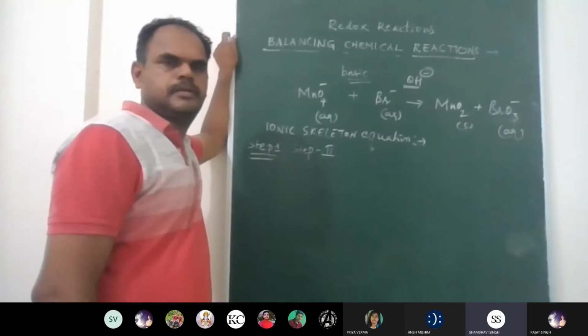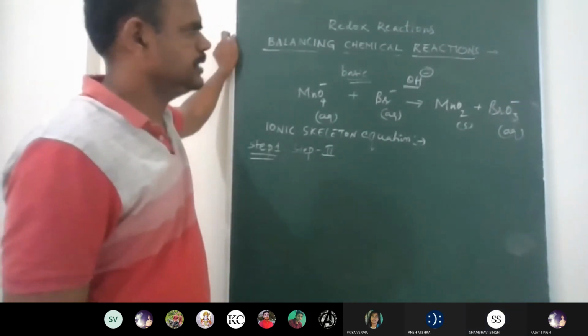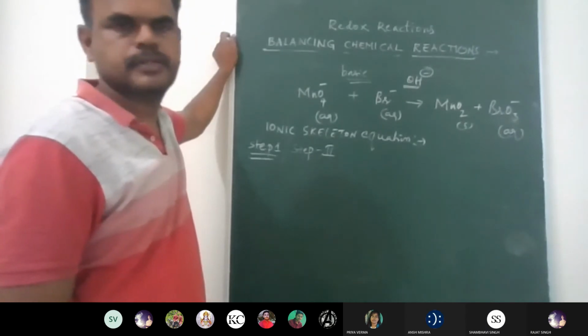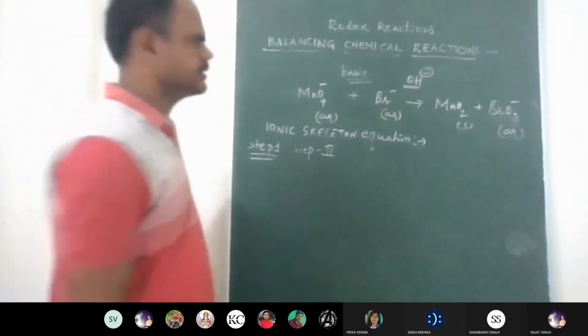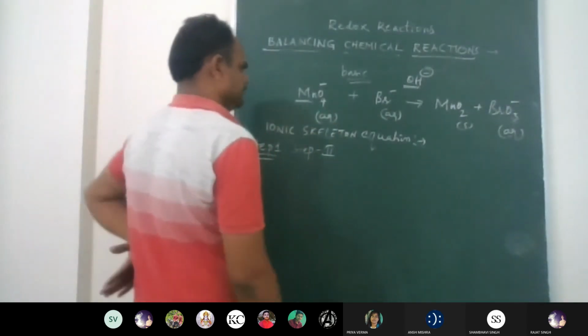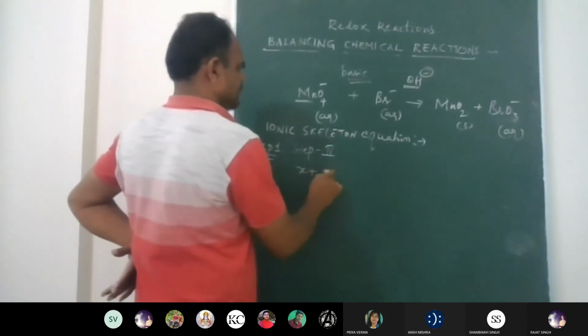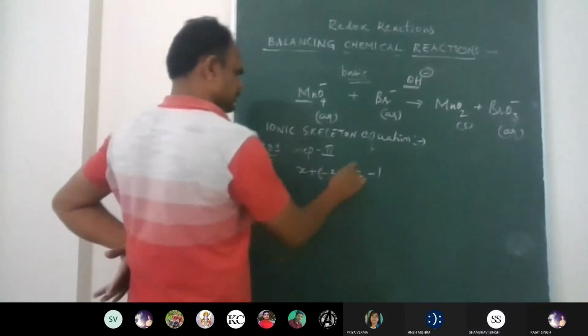We should assign the oxidation numbers. For what? Atoms of the elements we should write oxidation numbers. Now tell me oxidation number of manganese, how much? x plus minus 2 into 4 equal to minus 1, no?